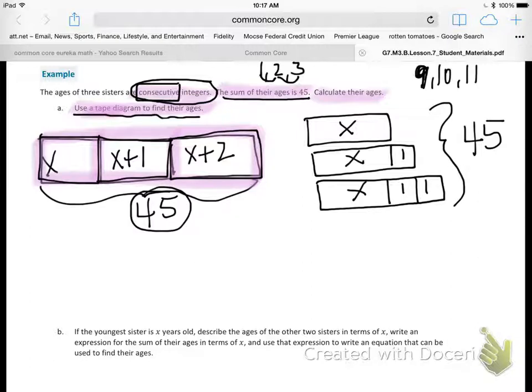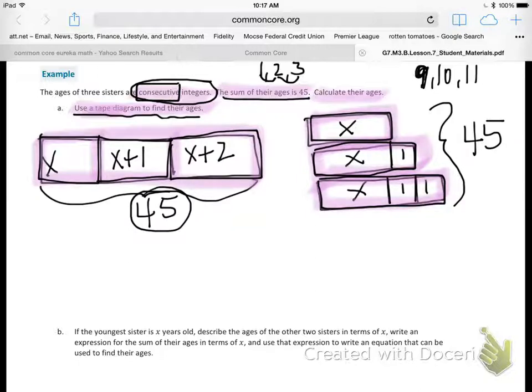I could also represent it vertically: I have x, then x plus 1, and then x plus 2. Either way I have my x values, my variables, and I have my numbers.